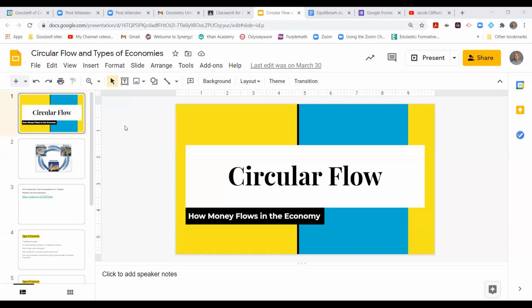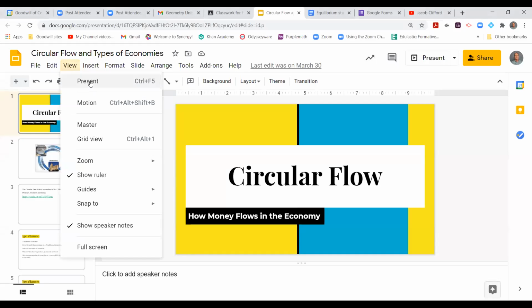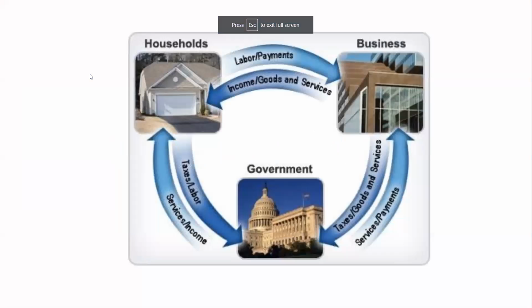Okay, so if we're talking more about the circular flow, this is material that will populate into your Google Classroom accounts today. Here you've got kind of a simplified version of what Mr. Clifford was just talking about.